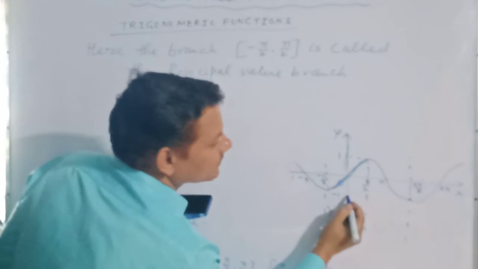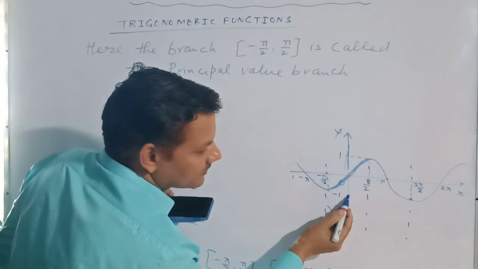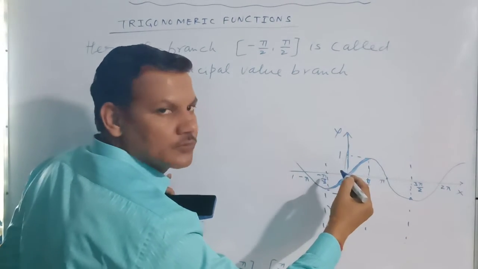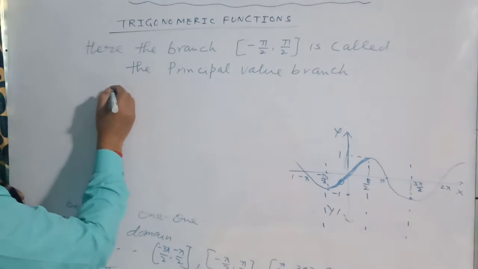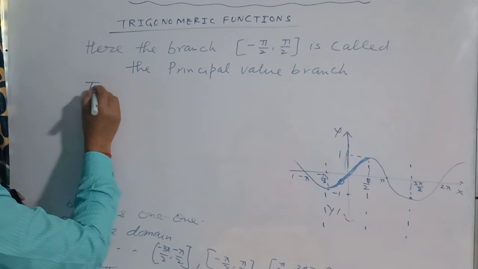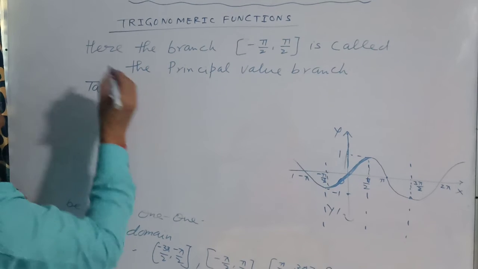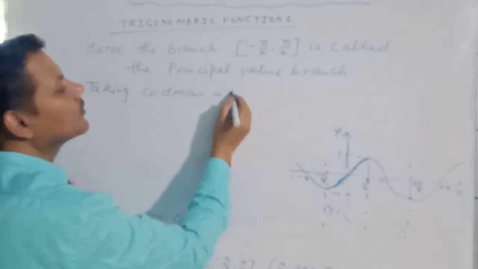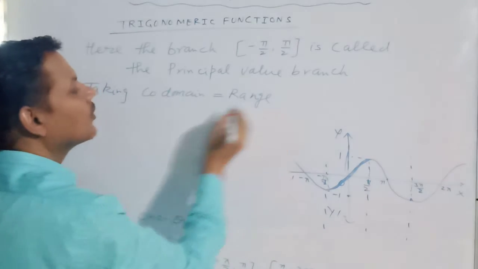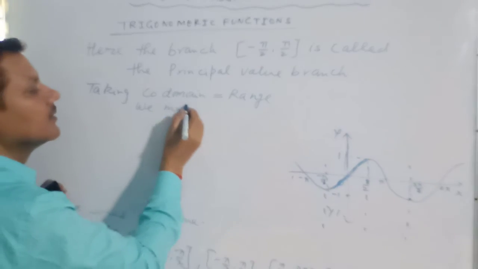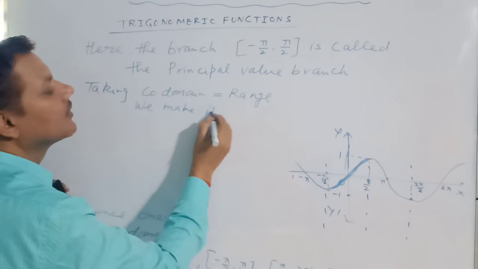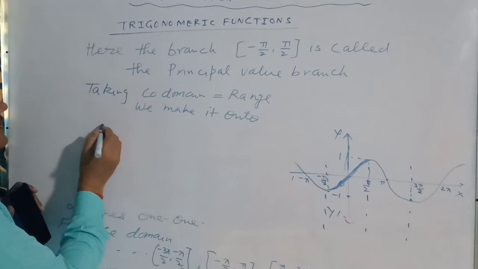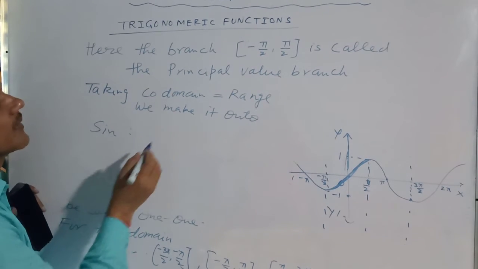Here we see real numbers less than minus 1 and more than 1 have no preimages in the domain. So that's why, taking codomain equal to range, we make it onto. So the sine function, what is the codomain?